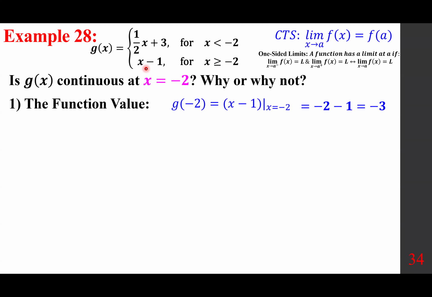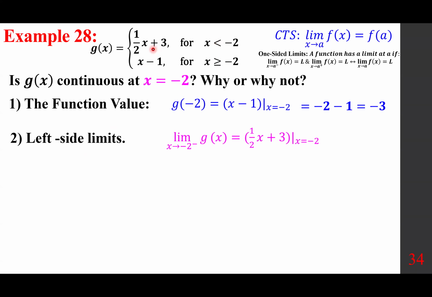For the limit, we look at one-sided limits. We start with the left side, meaning less than. We plug it in here: 1/2 x plus 3 as x approaches -2 from the left. So plug in -2. This becomes -1 and 3 is 2.